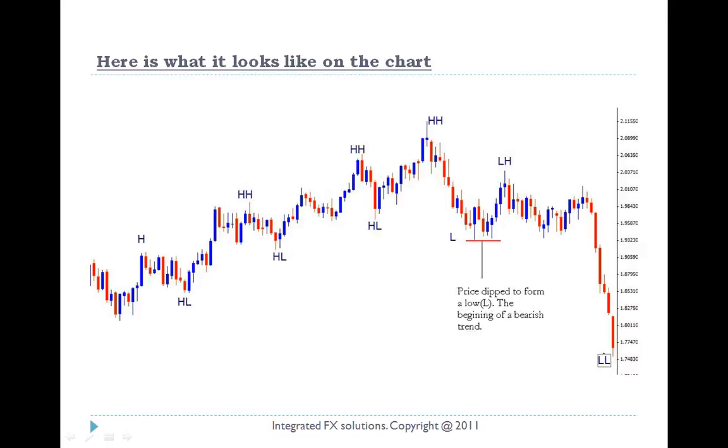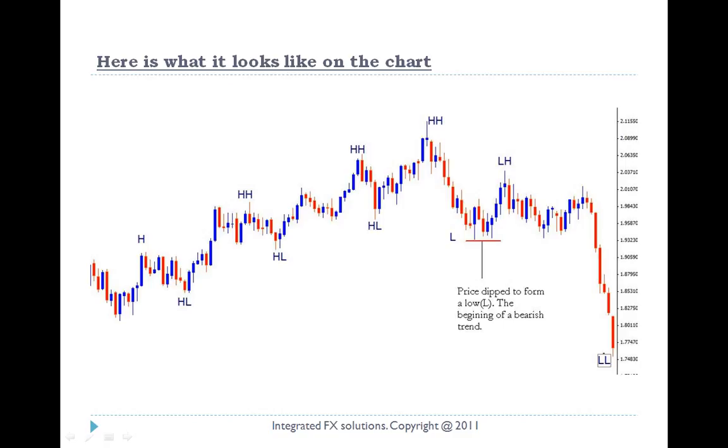Here is what it looks like on the chart. Price was making a high, a higher low, higher high, higher low, higher high. Price was trending bullish. But all of a sudden, what did we see? A price dip lower than the previous higher low, thereby violating the higher high and higher low sequence.